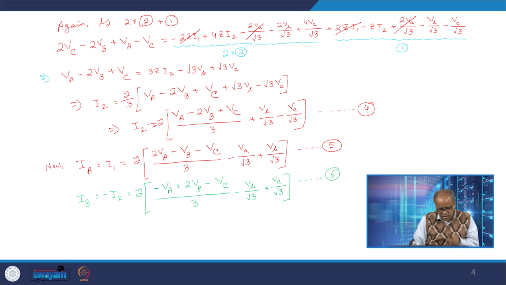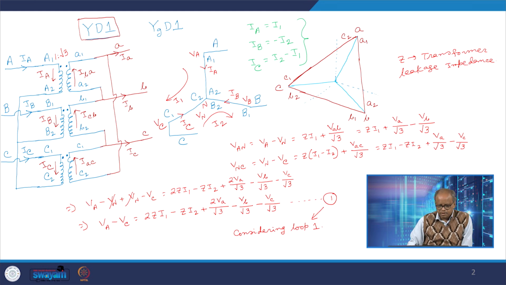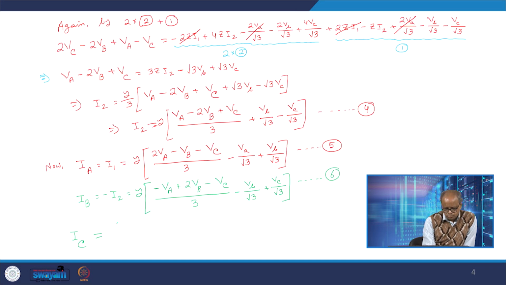Okay, and IC. So IC is I2 minus I1. I2 is Y into VA minus 2VB plus VC by 3 plus VB by root 3 minus VC by root 3.